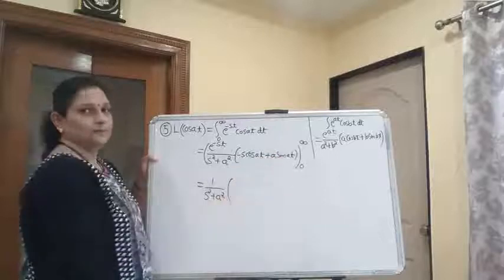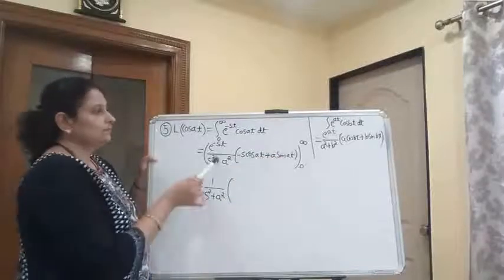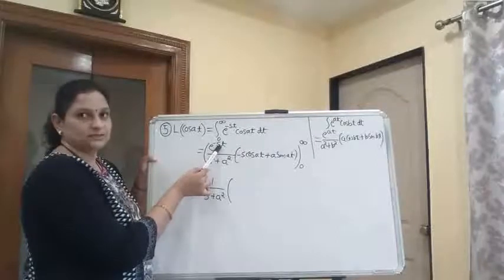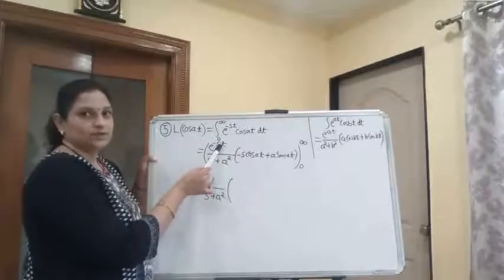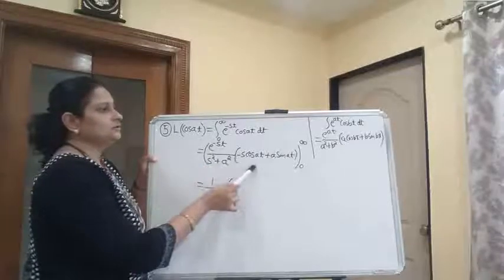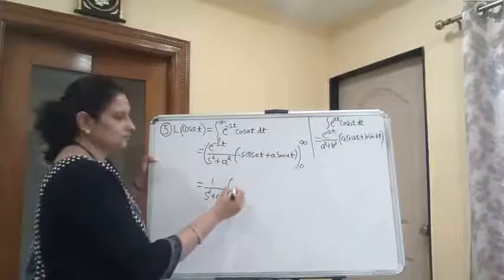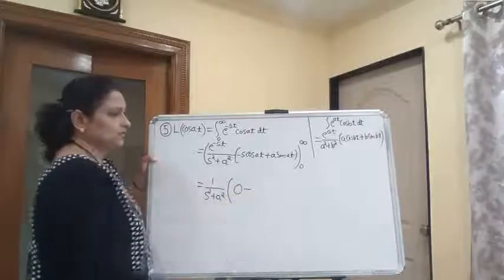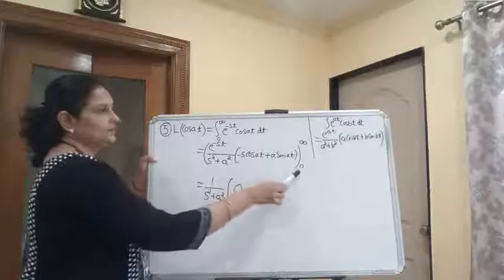First apply the upper limit, which is infinity. Put t as infinity. E power minus infinity you get here, which is 0. The value of e power minus infinity is 0, and 0 into any term becomes 0. So the upper limit value is 0. Minus lower limit. Put t as 0.